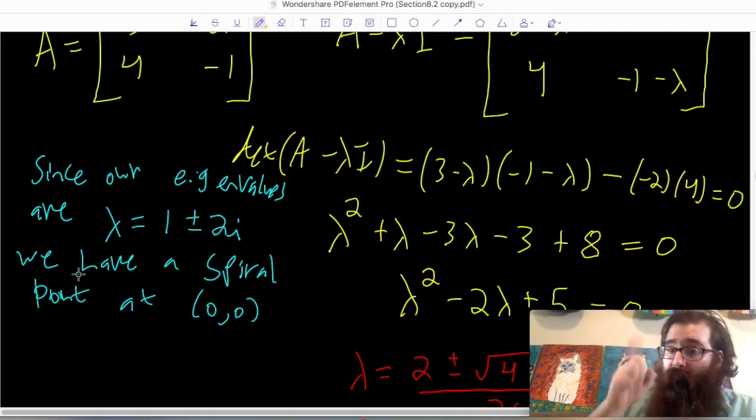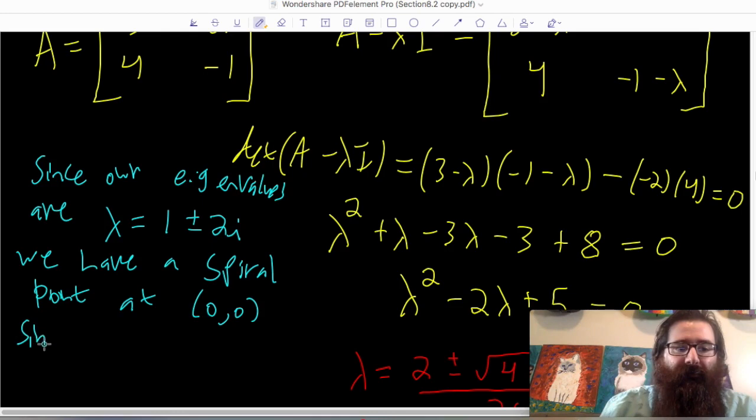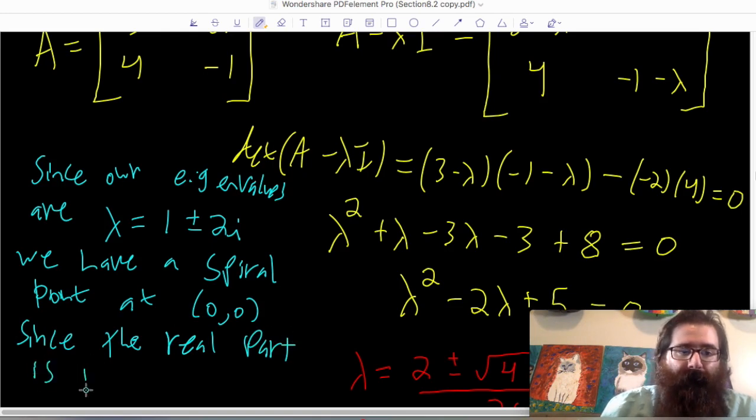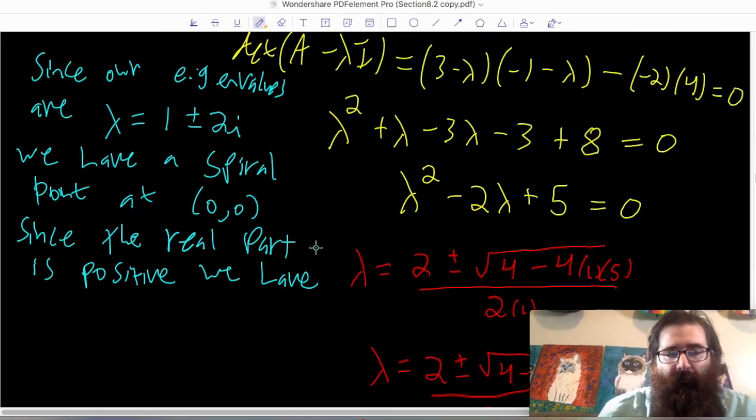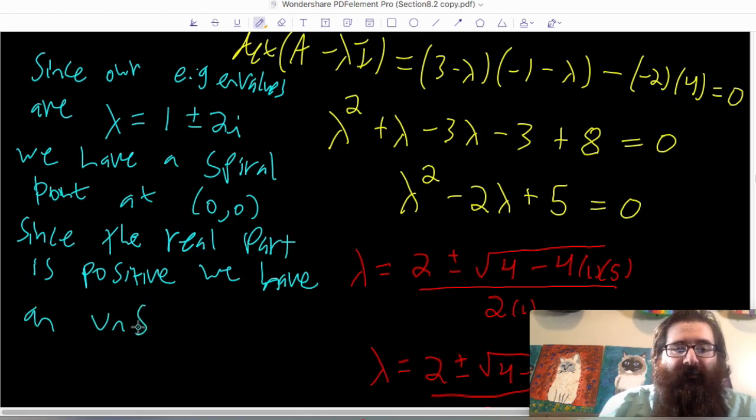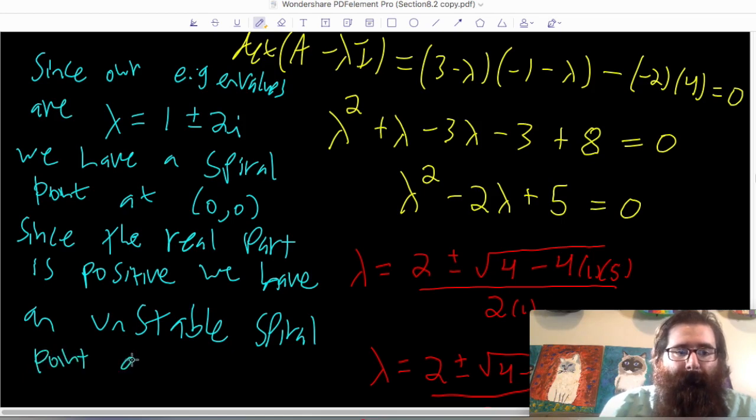However, we can say more than this, since the real part is positive, we have an unstable spiral point at 0, 0.